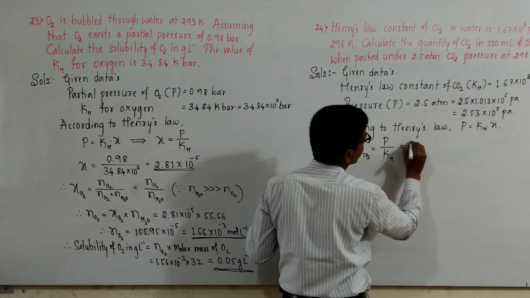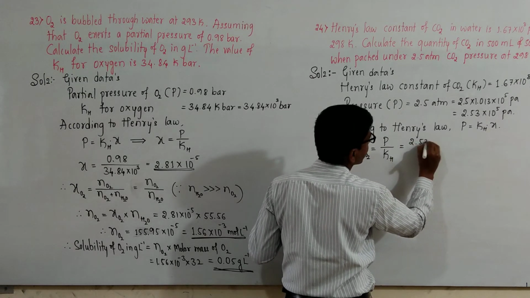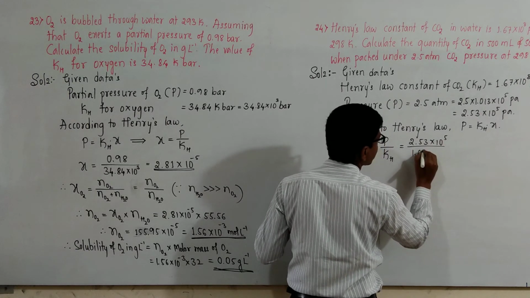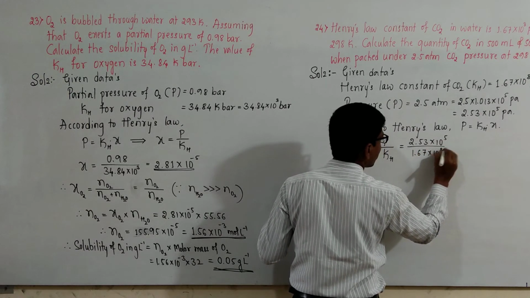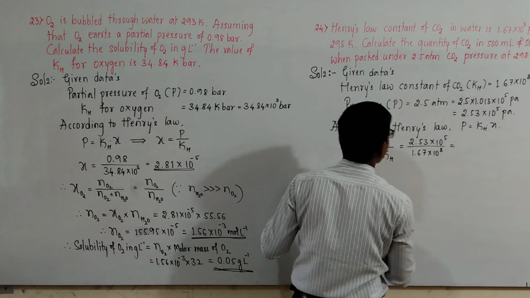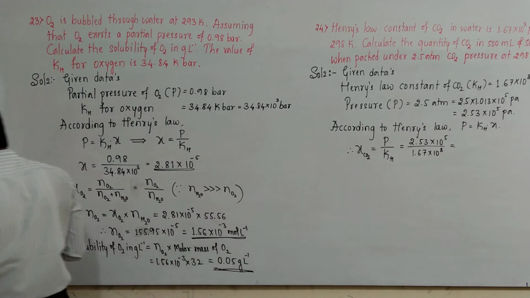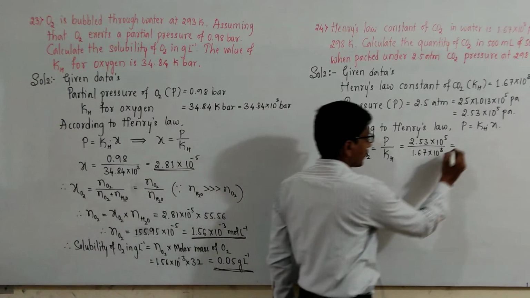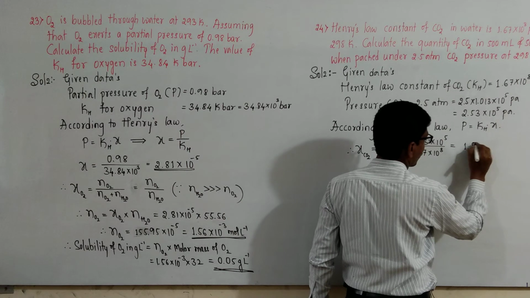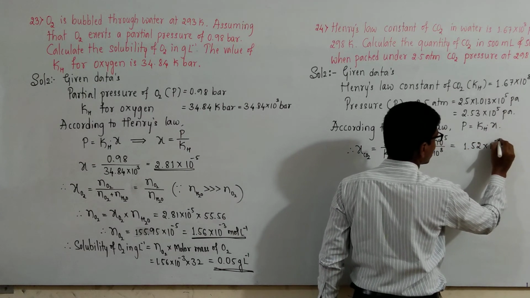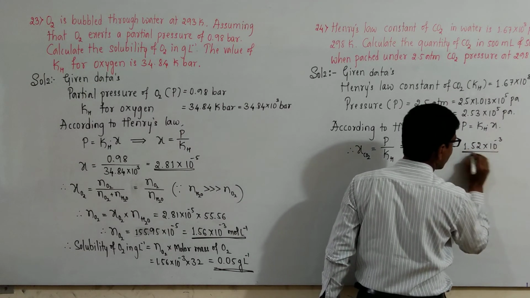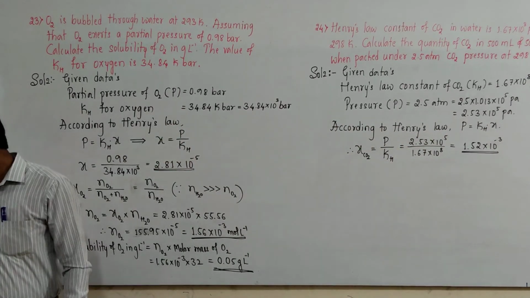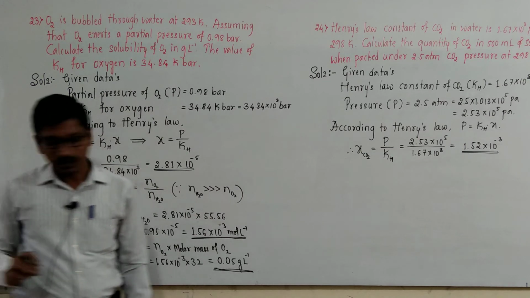This is equal to 2.53 into 10 raised to 5 Pascal divided by 1.67 into 10 raised to 8 Pascal. This becomes 1.52 into 10 raised to minus 3. This is the mole fraction of carbon dioxide in water.